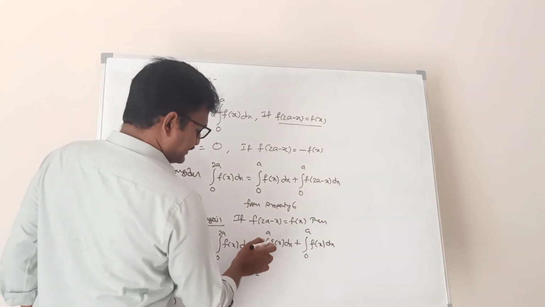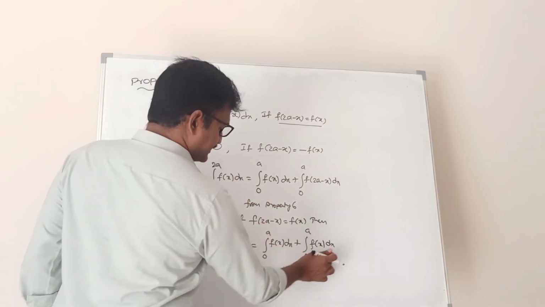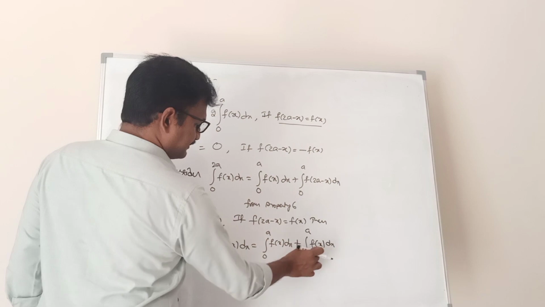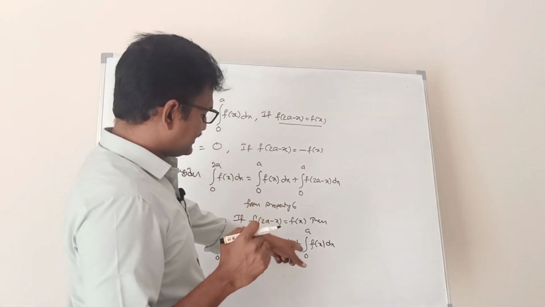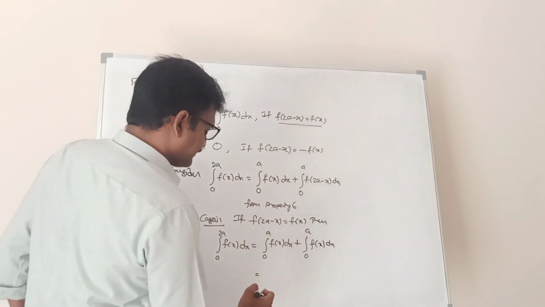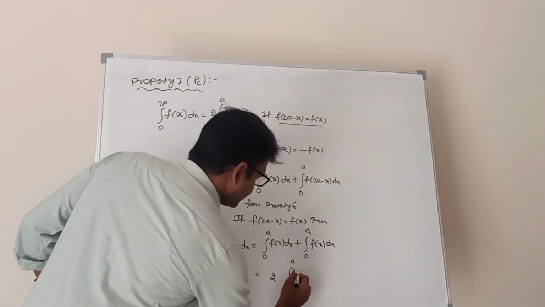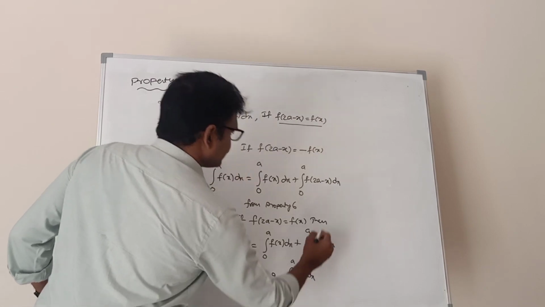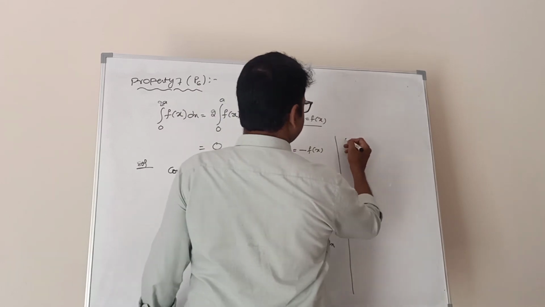Next, if you observe these two, between these two plus is there. So integration of 0 to a f of x dx plus integration of 0 to a f of x dx is 2 times integration of 0 to a f of x dx. Next, case 2.